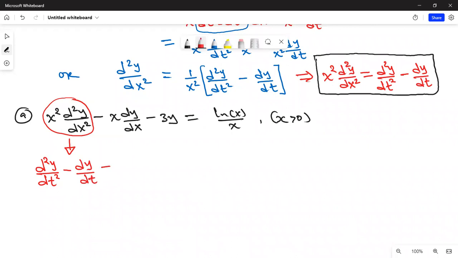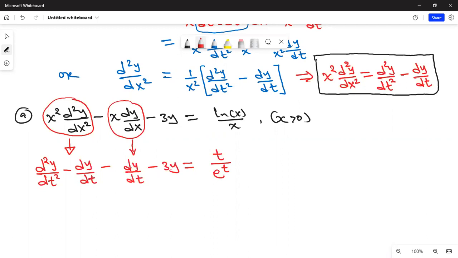Then we have minus, instead of this one, this should give us dy dt. So this is dy dt, then minus 3y. Instead of ln x, we said ln x should give us t. What about x? x was equal to exponential t. So we change everything to t.